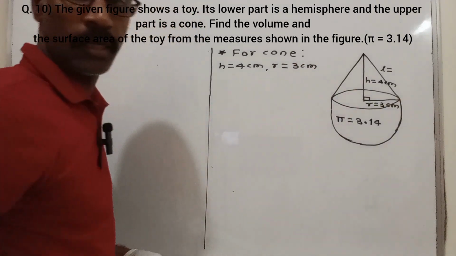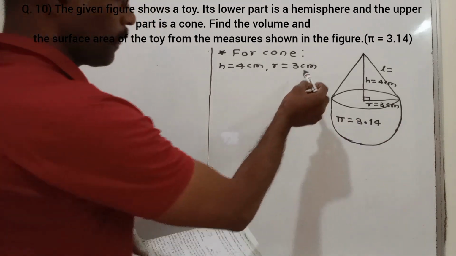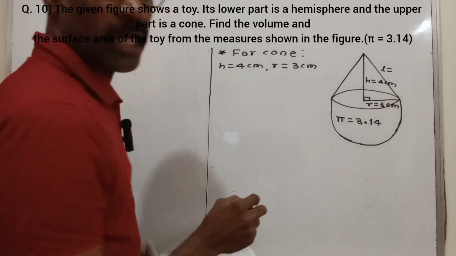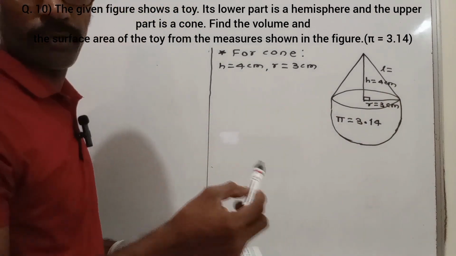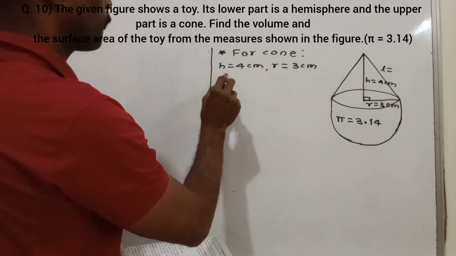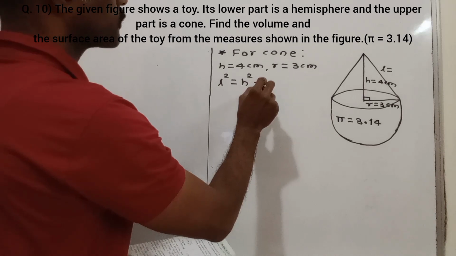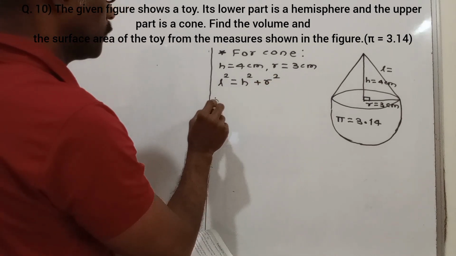Radius of cone as well as hemisphere, both are same. Okay, and we don't know L. So first of all we find slant height L by using the formula: L square is equal to h square plus r square.